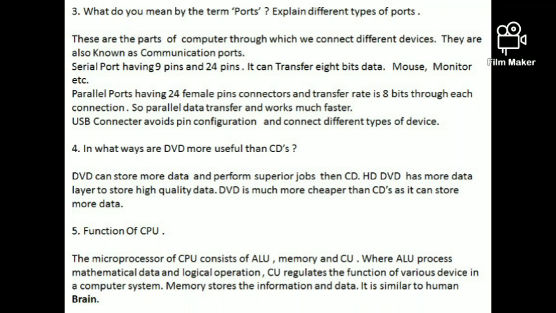Serial ports have 9 pins and 25 pins. It can transfer 8 bits of data. Mouse, monitor, etc. are connected through serial ports. Parallel ports have 25 female pin connectors, and the transfer rate is 8 bits through each connection. So parallel data transfer works much faster than serial ports.